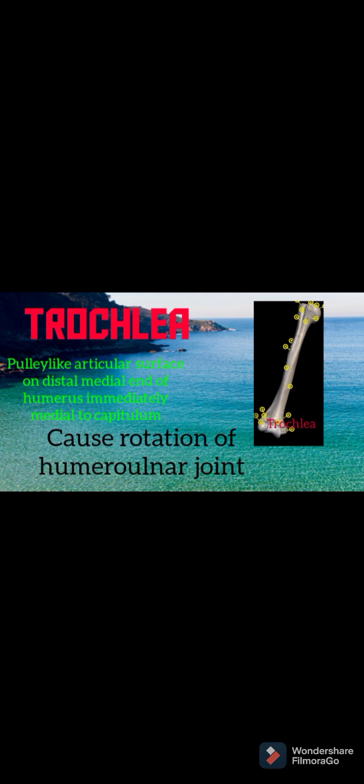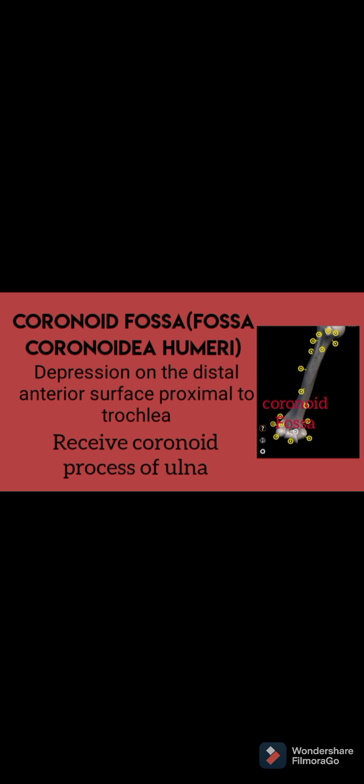The distal anterior surface of the humerus consists of a fossa that is proximal to the trochlea, called the coronoid fossa. The coronoid fossa, which is also called the fossa coronoidea humeri, receives the coronoid process of the ulna when the elbow is fully flexed.